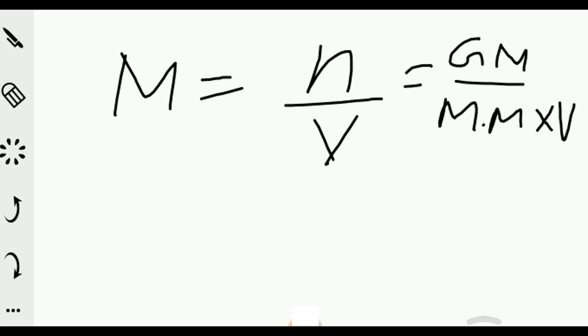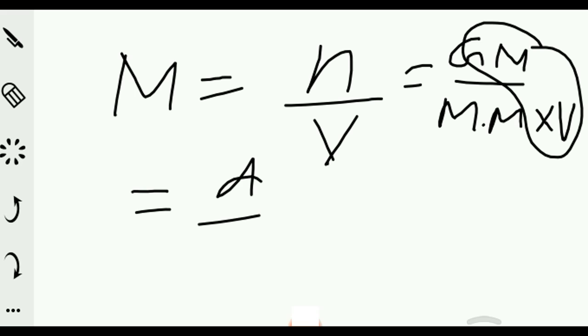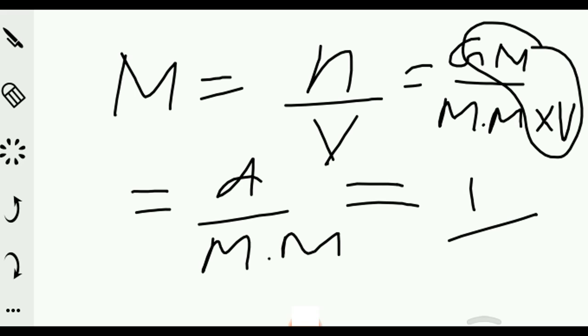Here, given mass by volume is equal to density, so it is density by molar mass, where the density and molar mass of a solid or liquid are equal, which gives us 1. Hence we consider the concentration of solids and liquids as 1 at equilibrium.